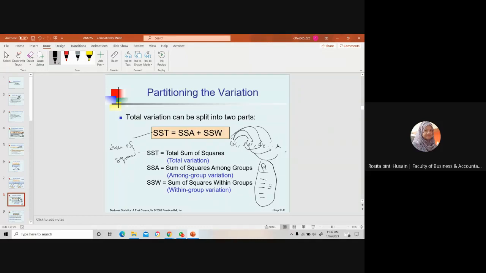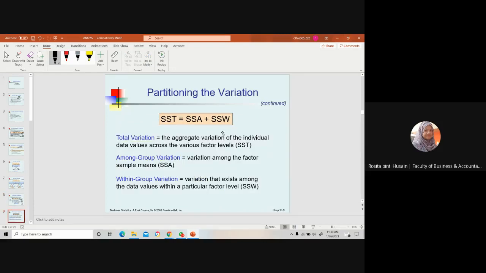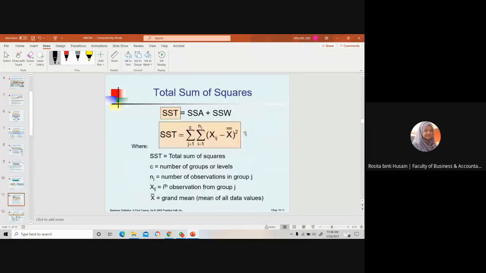So the test is on the differences within the group. That is within group. Okay, this is just an example.